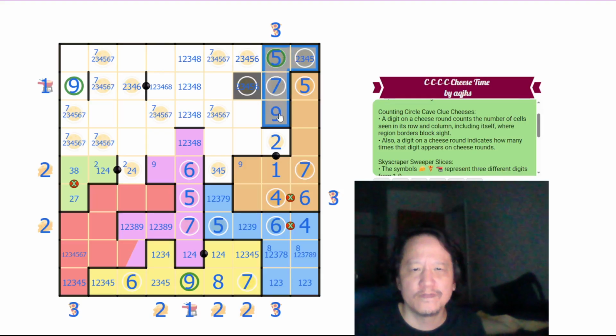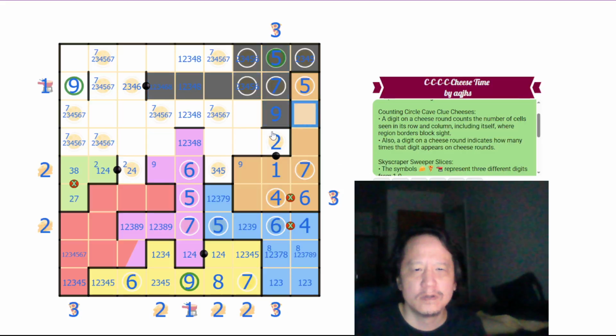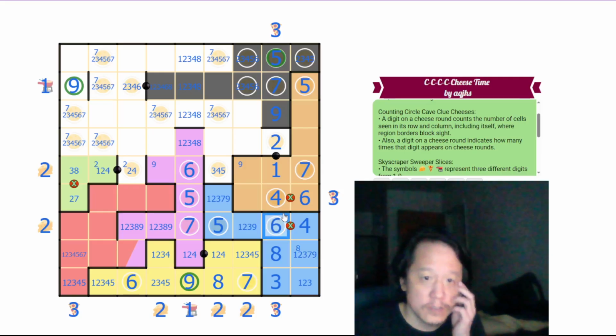1, 2, 3, 4, 5. This sees 7. 1, 2, 3, 4, 5, 6, 7. This sees 2. How is that going to work? No 1 or 2 here, it sees 3. This has to be 8 for the only remaining digit.